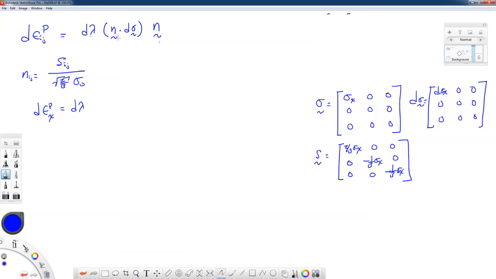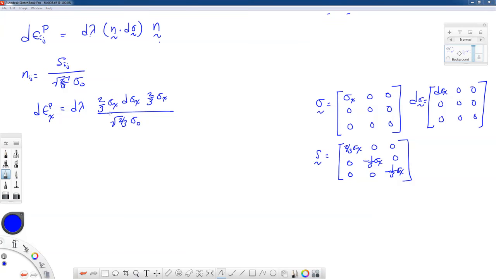Okay, first of all, n dot d sigma is going to be 2/3 sigma x times d sigma x. And then it's going to be n, and specifically it's going to be n11, 2/3 sigma x divided by square root of 2/3 sigma naught. And actually I need to do this again.